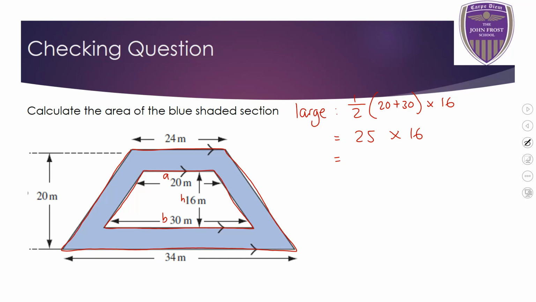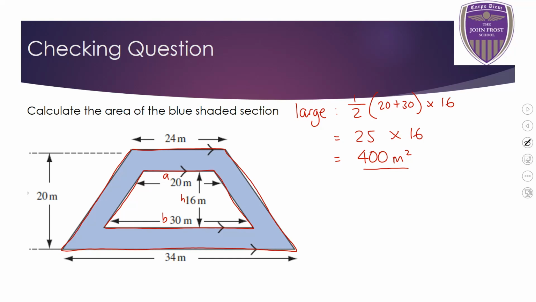Just do the box method if you're unsure, or do 25 times 10, which is 250, then 25 times 6, which is 150, and add them together. That should be 400. The area, in meters squared this time, of the large trapezium is 400 meters squared.